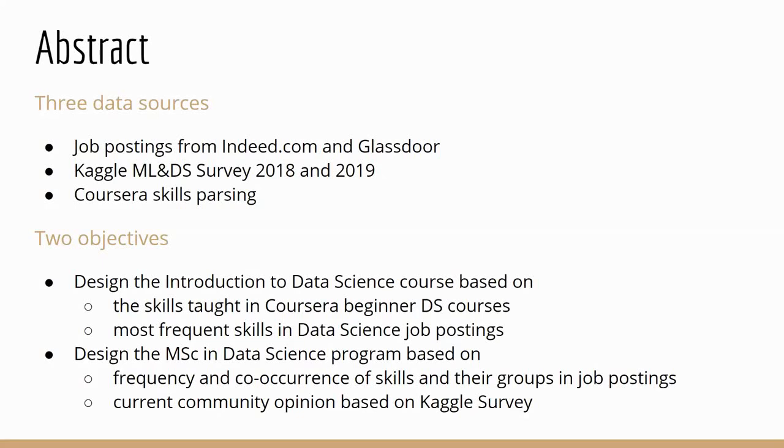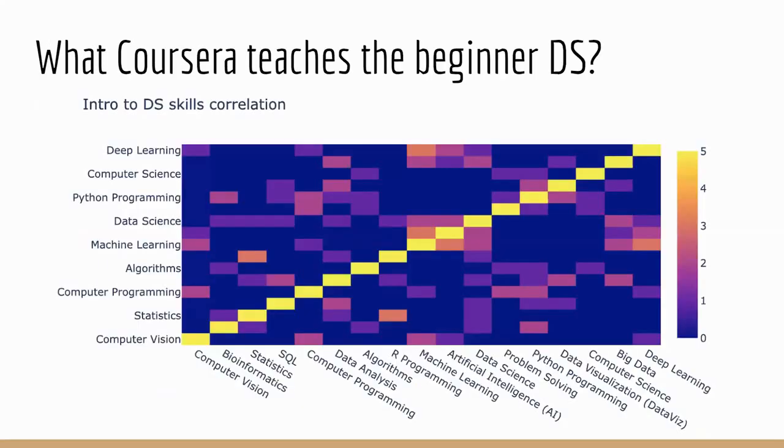The first thing we analyzed, this job was mainly done by Alexander, is parsing Coursera data science skills. So we found some nice tools for web scraping, and we found keywords that were listed in Coursera data science courses, and built some dependence analysis of these keywords.